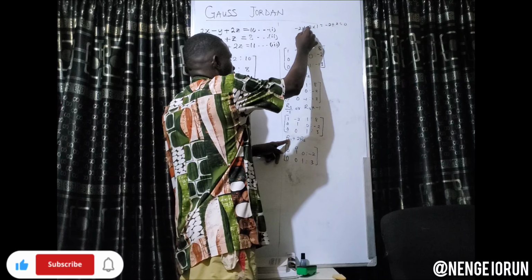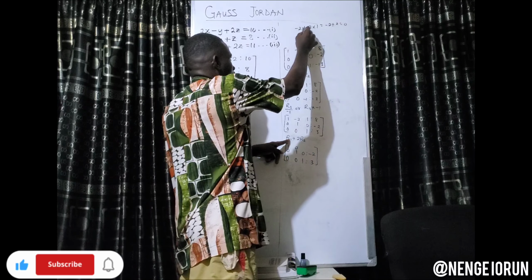This is now 0. So now for this one here, we are going to have row 1 here, which is 1 plus 2 times the corresponding element here for row 2, which is 0. This will give us 1 plus 2 times 0 is 0. This will give us 1. It will give us 1 here.